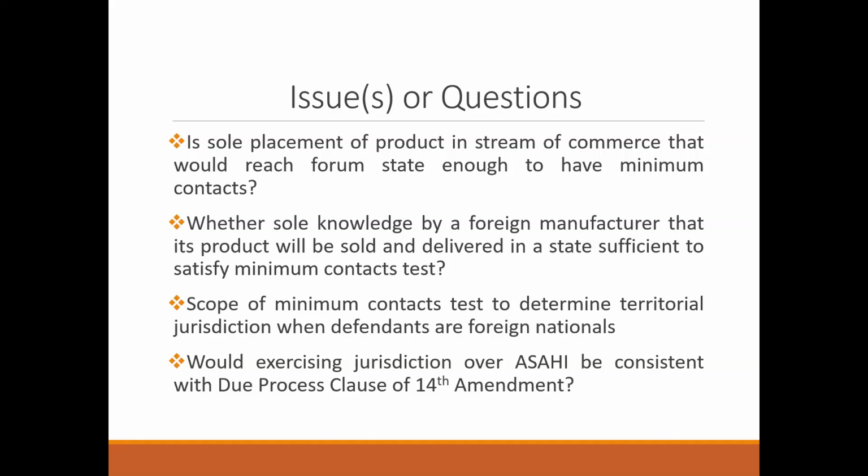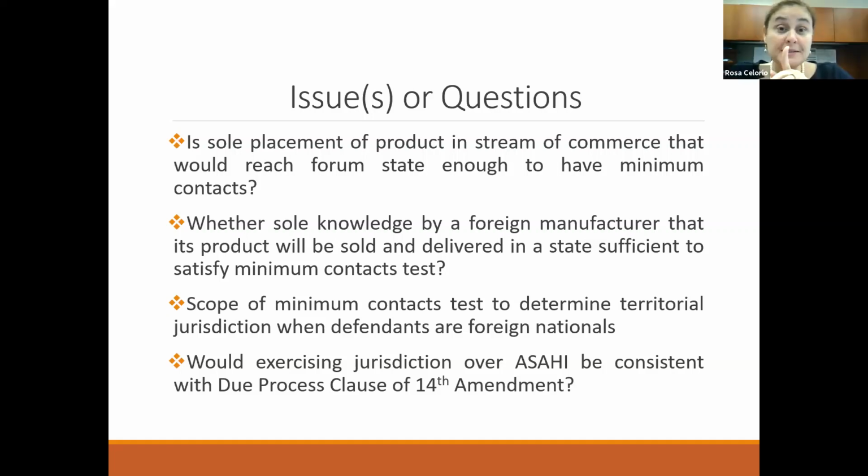So it has the minimal contact required to establish jurisdiction in California. The U.S. Supreme Court ruled in favor of Asahi, so it didn't find that it had enough minimum contacts to have an exercise of jurisdiction happen in this particular case.